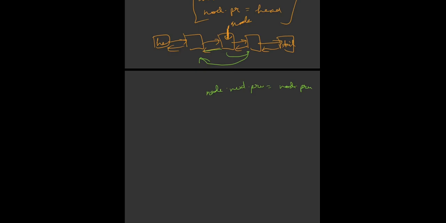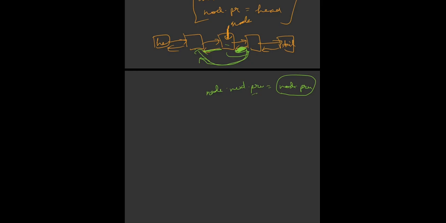Node dot next is this node, dot previous is this link. This link should point to this node now, not the current node. So that will be node dot previous. Node dot previous is pointing to this one, right? So this will point to this now. So we have successfully made this connection.